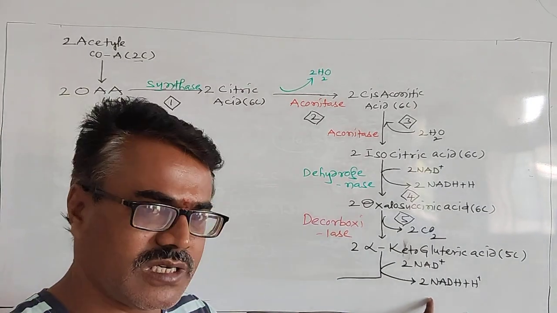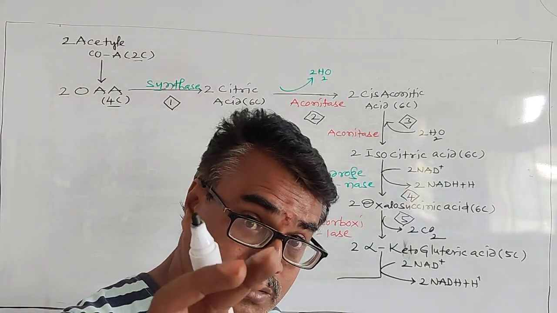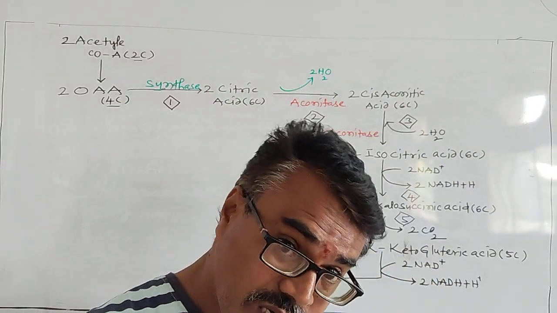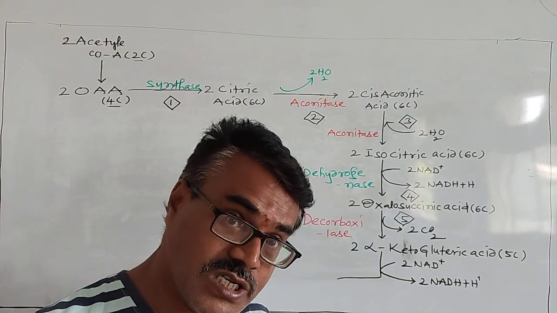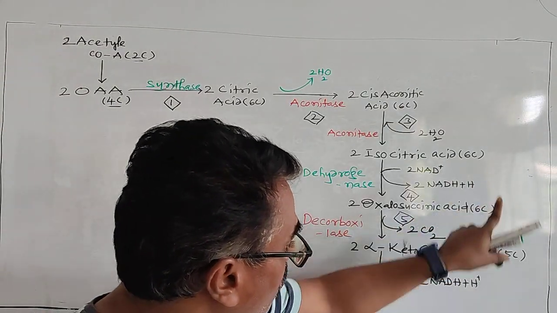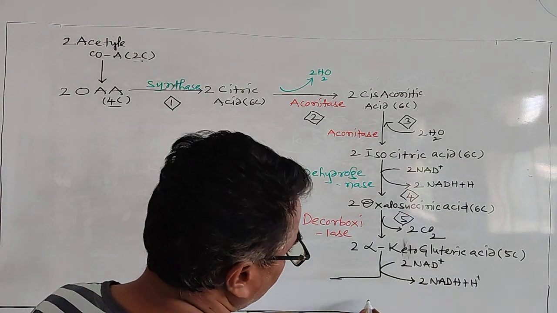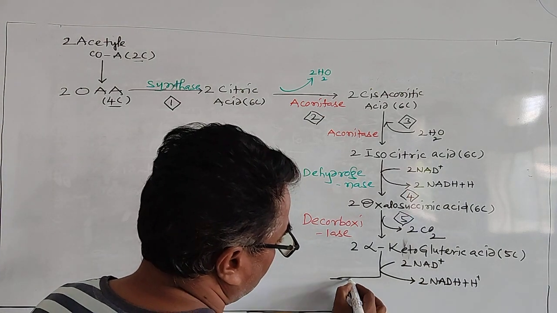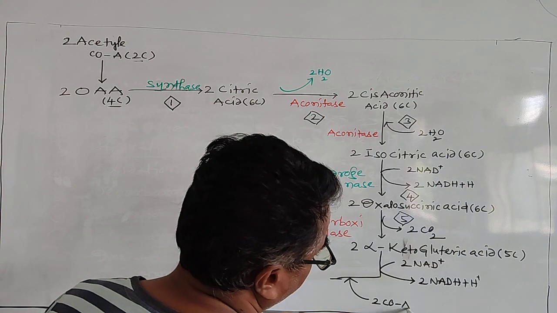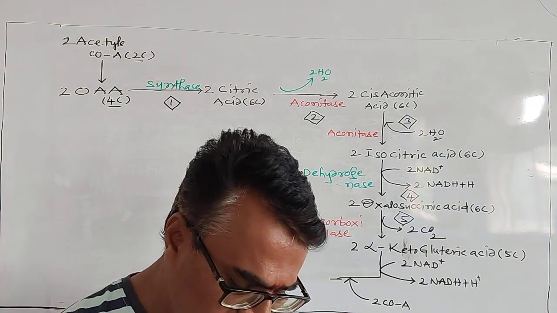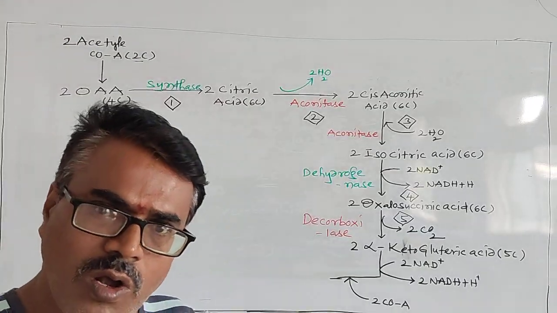In the sixth chemical reaction, a total of 3 chemical reactions take place. First one, oxidation. Number 2, condensation. The condensation means the 2 moles of coenzyme A are condensed to the alpha ketoglutarate acid.